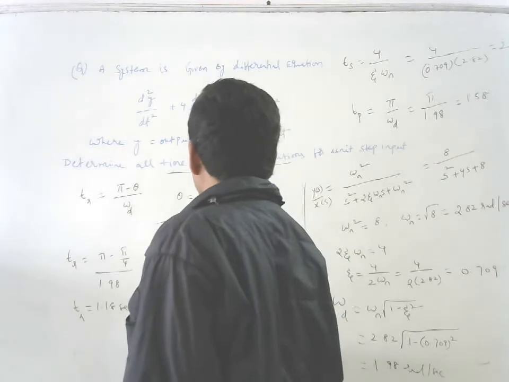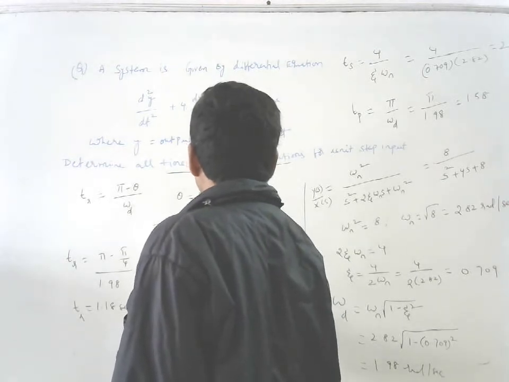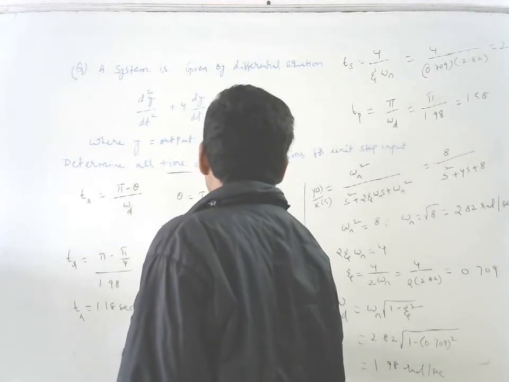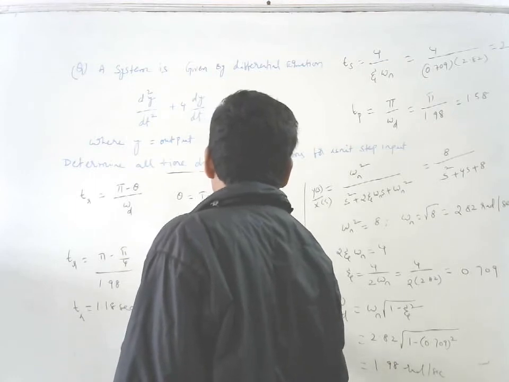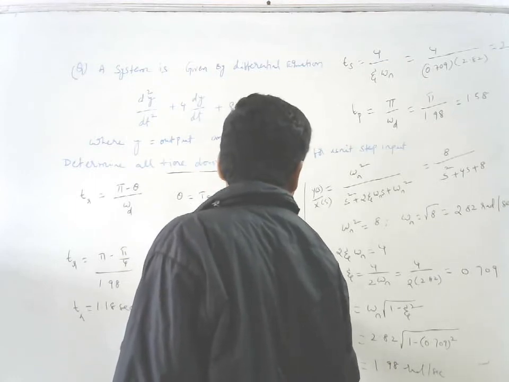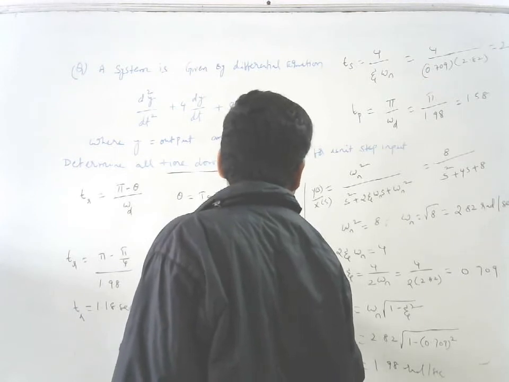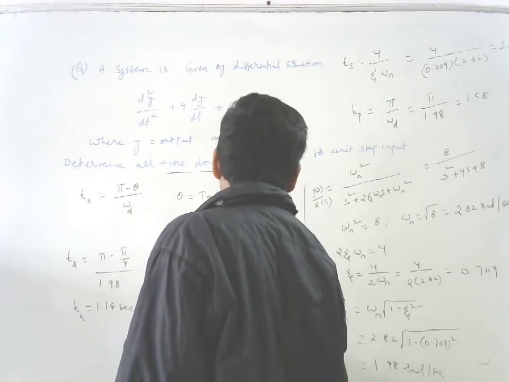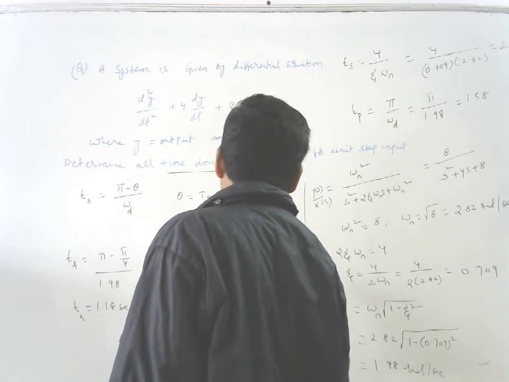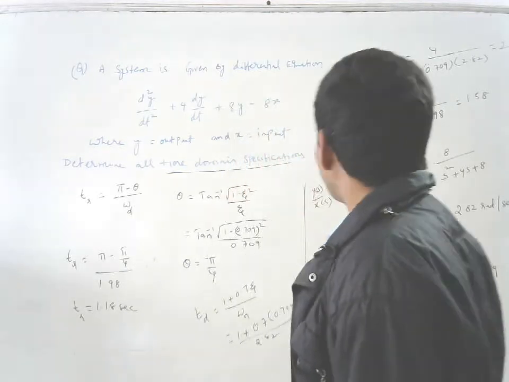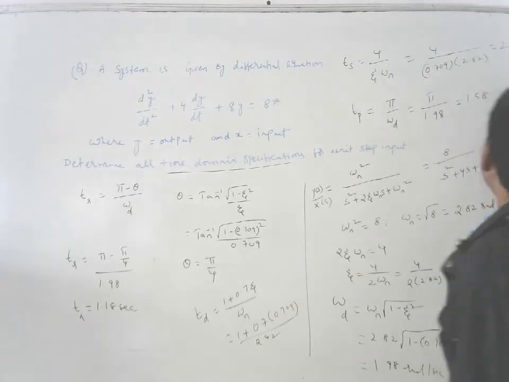Td equal to 1 plus 0.7 zeta divided by omega n. That means 1 plus 0.7 into 0.709 divided by omega n value 2.82. What we need to observe is that Ts value is more. Why?